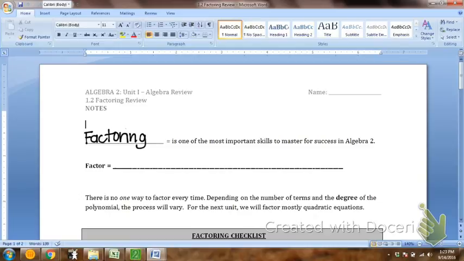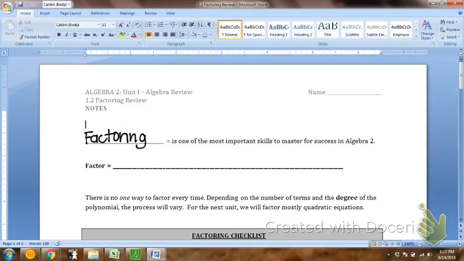What does it mean to factor? Anybody? Find the greatest common factor. Okay, find the greatest common factor, but you're using the word inside the definition. Kyle? Is that where you tree off and get the prime numbers and whatnot? That's part of it, yep. Break it down in the simplest form. Did you see that somewhere on your paper?